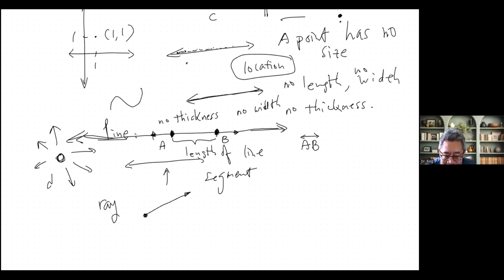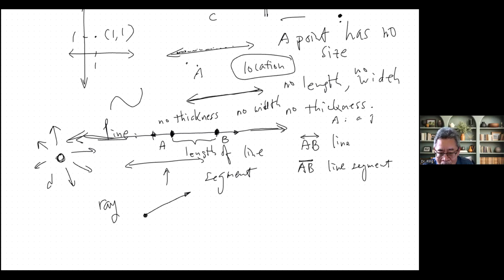Then for a line segment, we write AB with a bar over it, so there is a beginning and an end. We use this to represent a line segment, and this as a line. For a point, we just use a letter. Say A, a point.